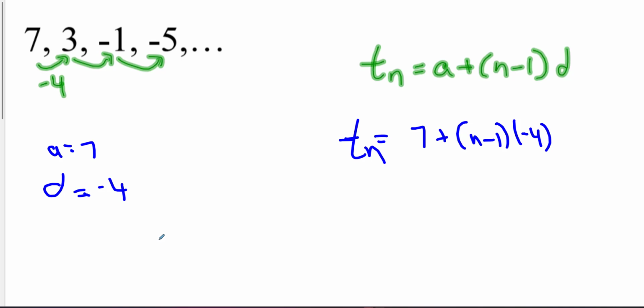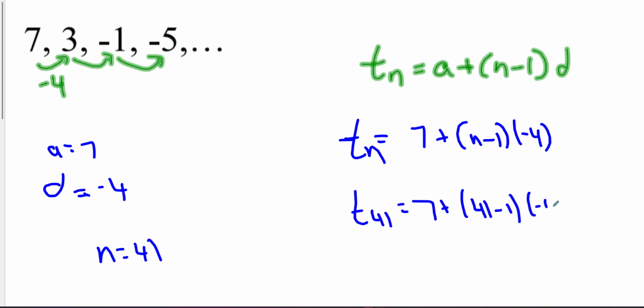And then it's asking for the 41st term now. So what is T41? Remember, T41 means n is equal to 41. N is the term number. So T41 is equal to 7 plus 41 minus 1 times -4. And that's the same thing as 7 plus 40 times -4.